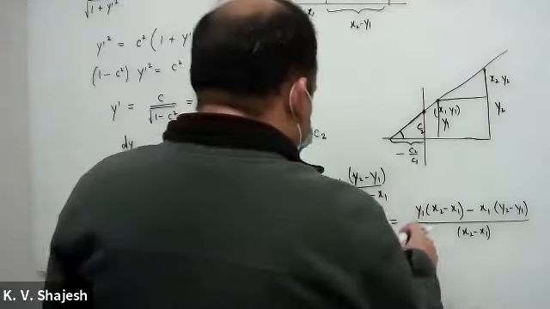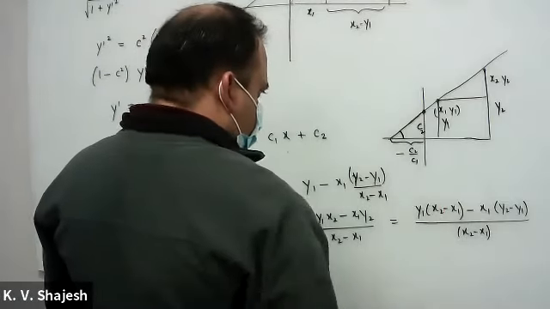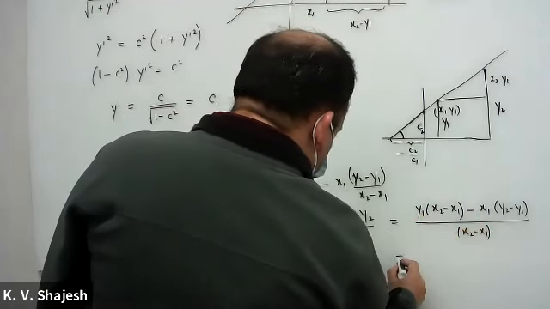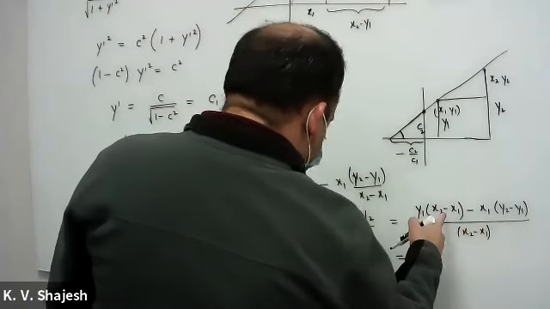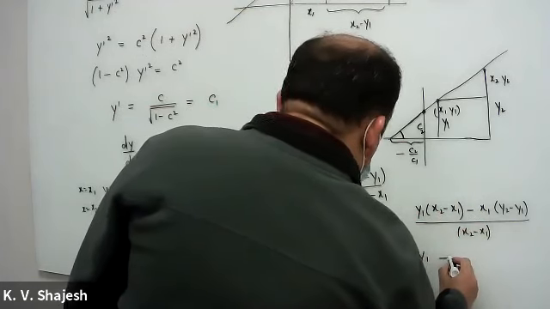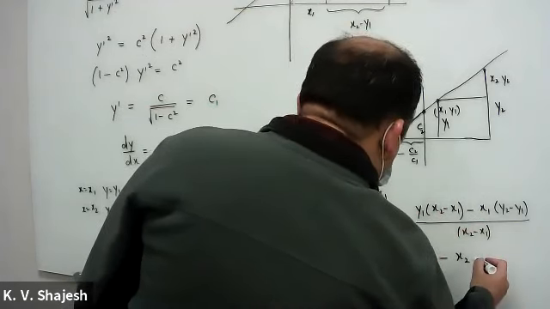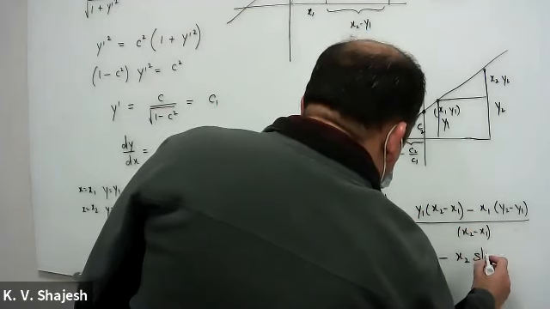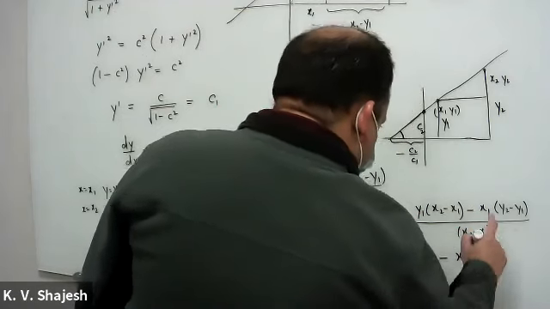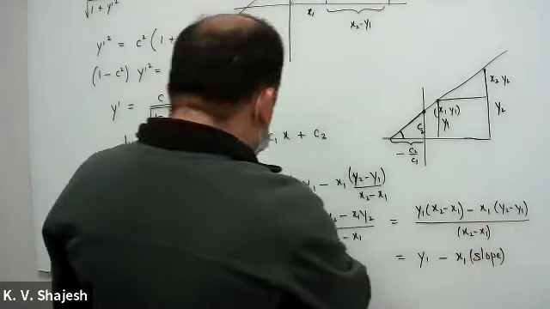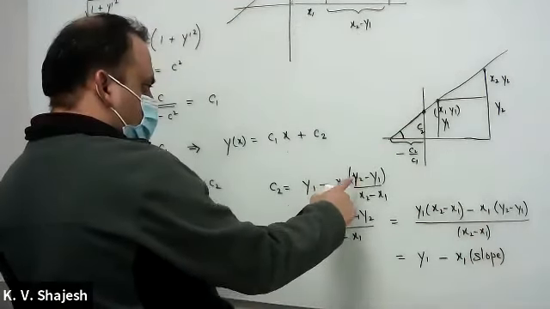Oh yeah, so here's how you can see this, right? This piece is just y1. So the first piece is y1 minus x1 times the slope.